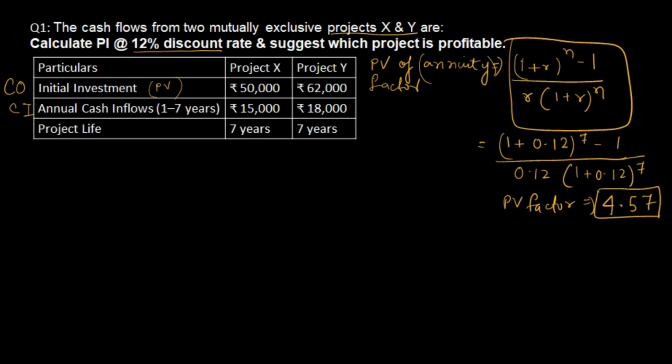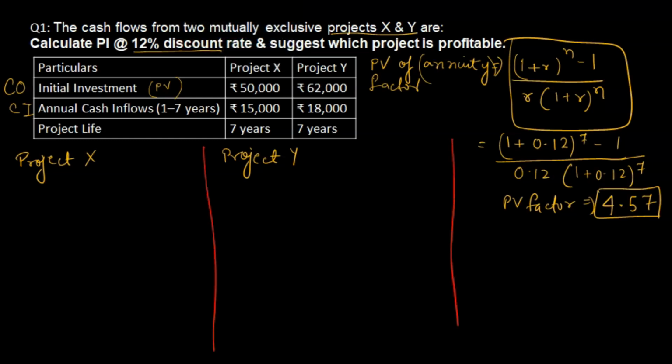Then for finding the present value for both the projects, we just have to multiply the cash inflows with this 4.57. So now we will find it for project X and for project Y. For project X, the cash inflow is 15,000.